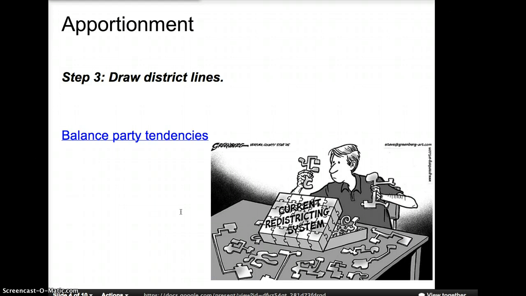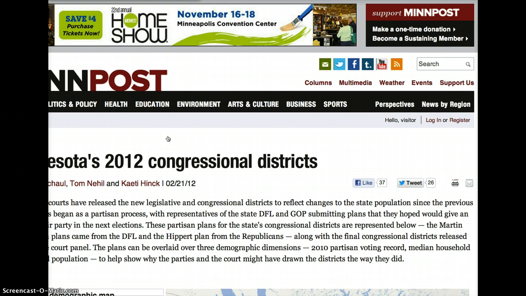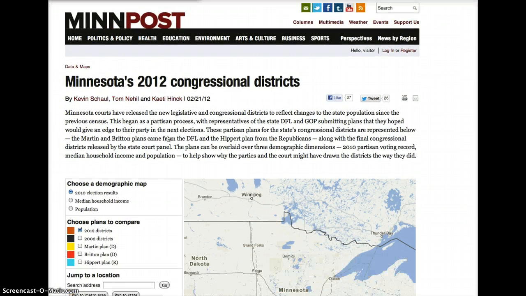The next step is to draw district lines. As you can see from the cartoon, redistricting, or redrawing those lines, happens every 10 years. It's a huge battle. Your goal is to make sure that every state has a balance of party tendencies. You don't want different states to have different levels of representation.